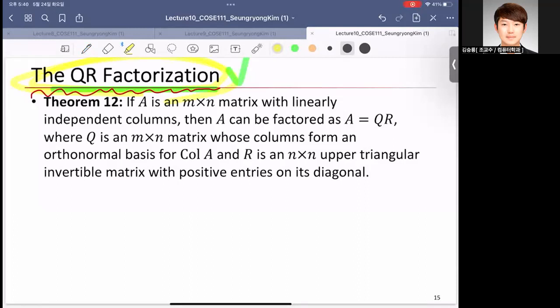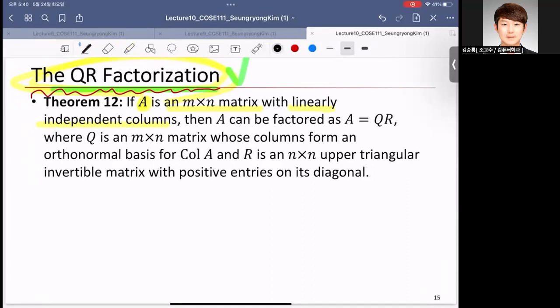Okay, all right. So QR factorization is very similar to the Gram-Schmidt process. It resembles the Gram-Schmidt process. If A is an m by n matrix with linearly independent columns, there was one constraint.